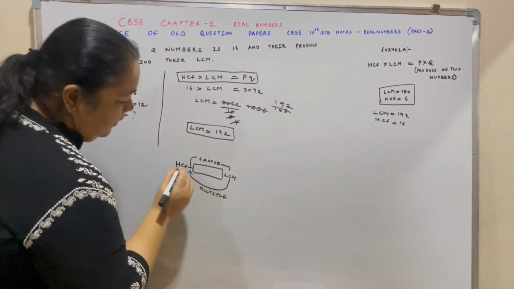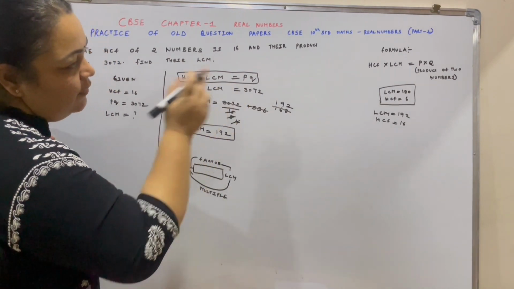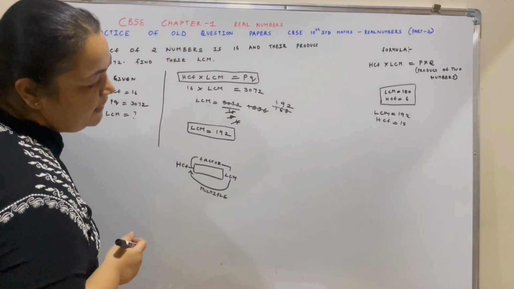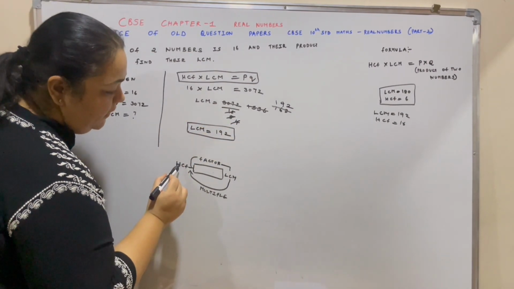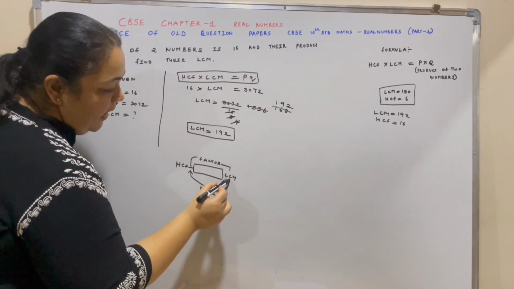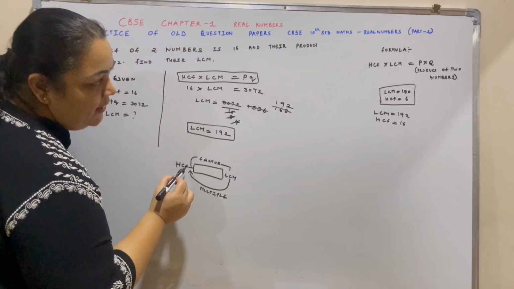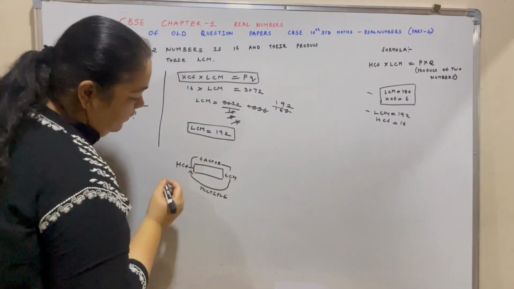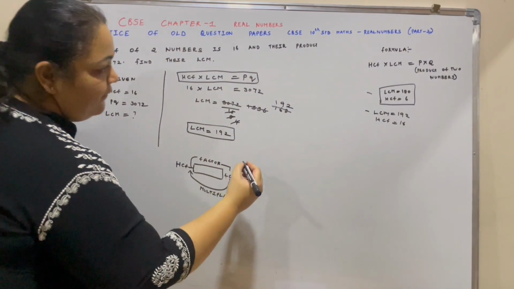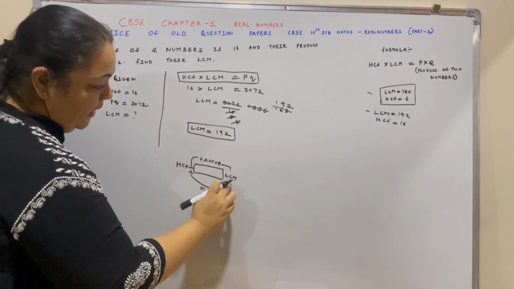HCF is 16, and 16 will divide 192. So by using these two examples, we can prove that HCF is a factor of LCM and LCM is a multiple of HCF.